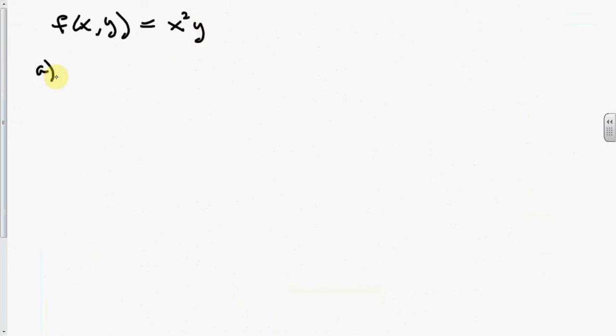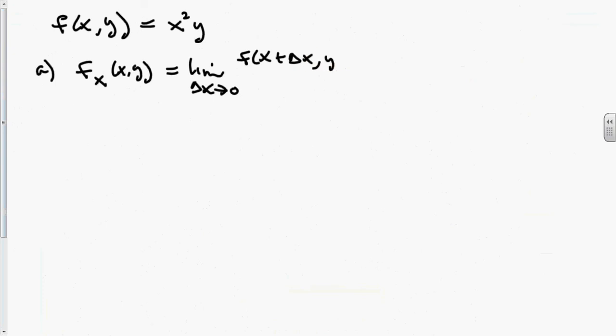We did this in the previous section, but this is the section that we were trying to get to. That is, find the partial of f with respect to x at (x,y), which is the limit as delta x goes to 0 of f of x plus delta x comma y minus f of x,y all over delta x. Didn't we do one like that on Tuesday? Yeah. It was the last one we did, indeed.